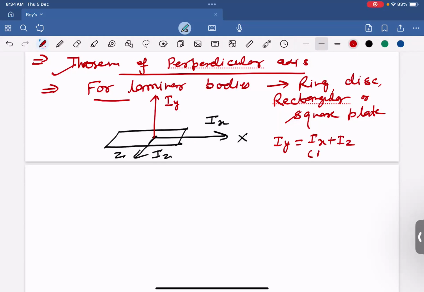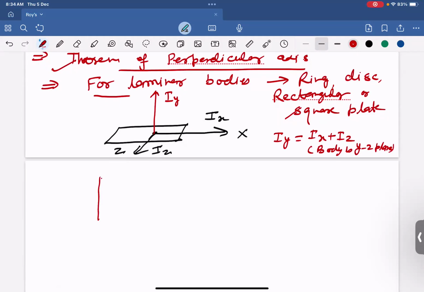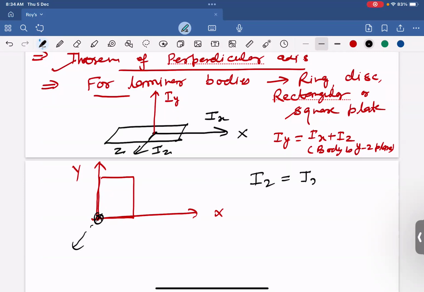Here, one thing you remember, that body is kept in yz plane. If you keep the body in the xy plane, let's suppose the body is kept like this. This I'll write as x, and this is y. Then you need to find the third axis. Now the third axis will be z axis. So Iz you can find now by adding those two moments of inertia in which it is kept, like x and y.